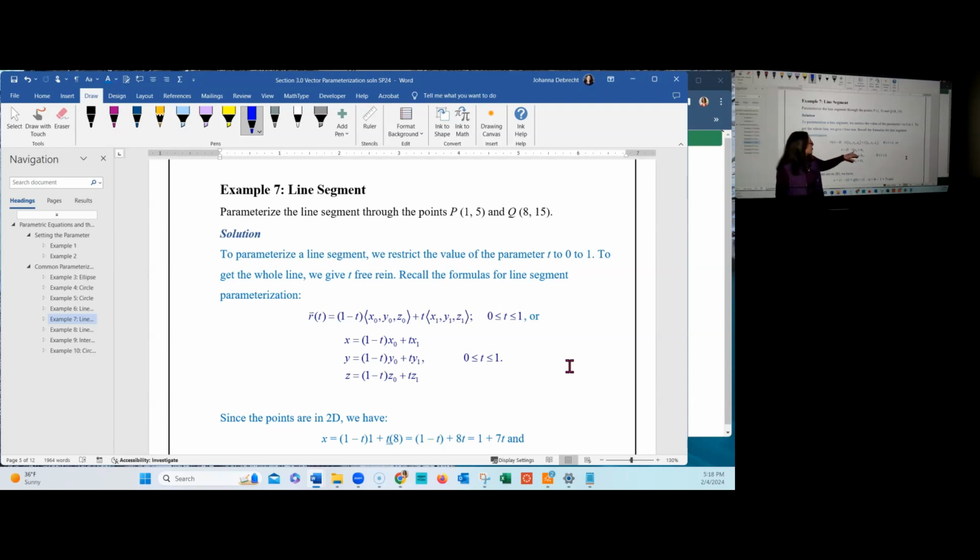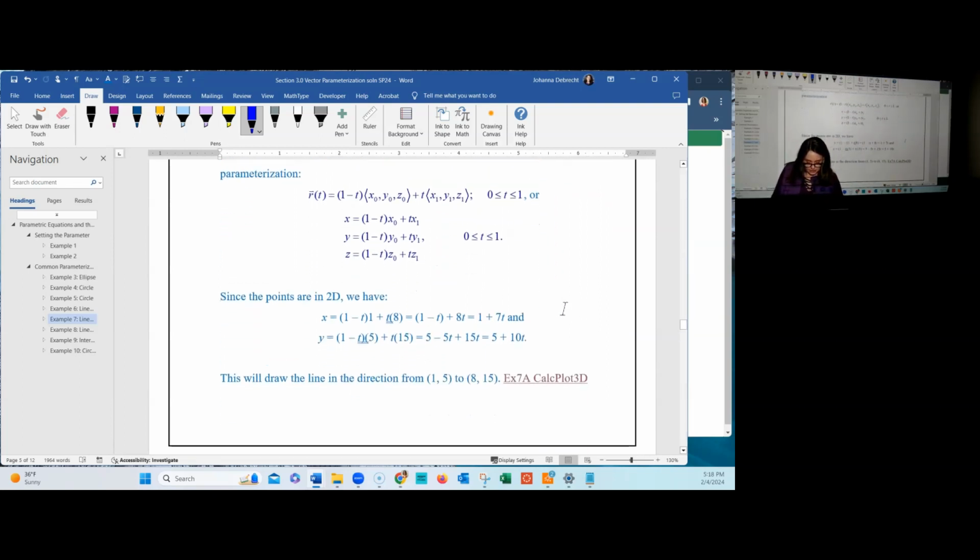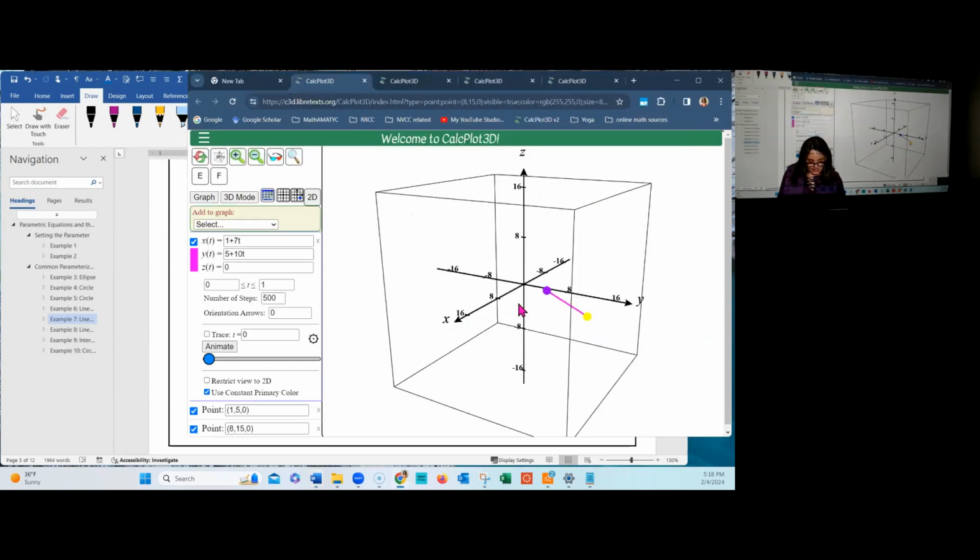So x naught will be 1 and y naught will be 5, and x1 will be 8, and y1 will be 15. Once we set those in, we can simplify our equations, and we come up with x equals 1 plus 7t, and y equals 5 plus 10t. So this will parameterize and draw the line in the direction from 1, 5 to 8, 15.